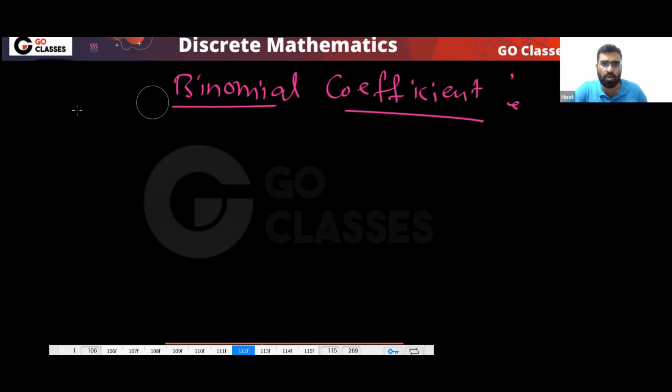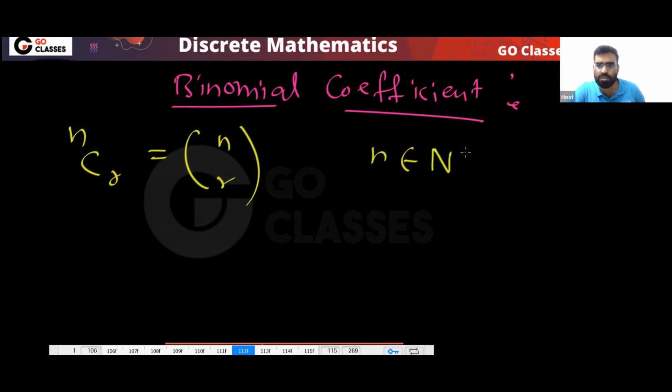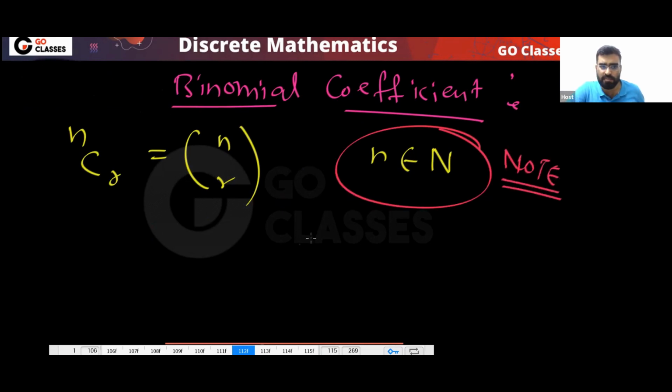So this is the binomial coefficient, NCR, which I can also write as n comma r, where n is a positive integer. This is very important. And r is from 0 to n, or r is greater than or equal to 0; r is a whole number.